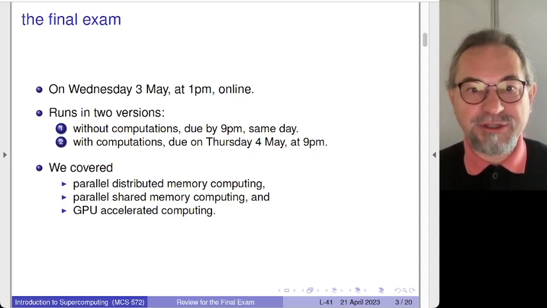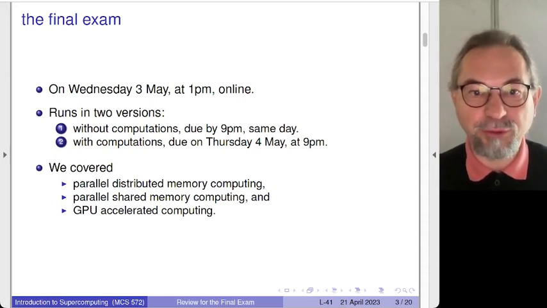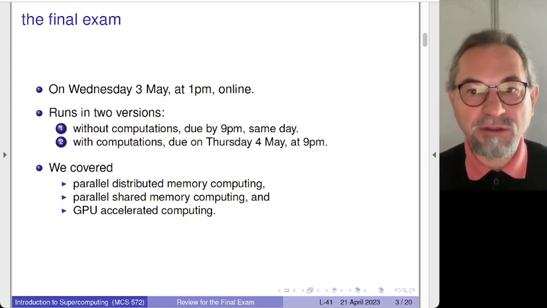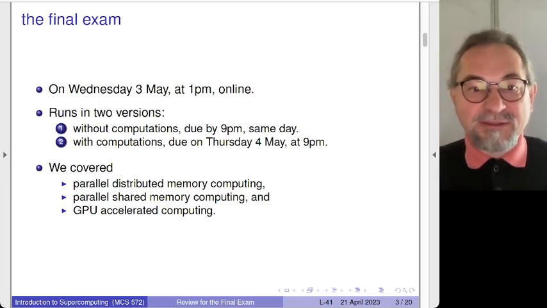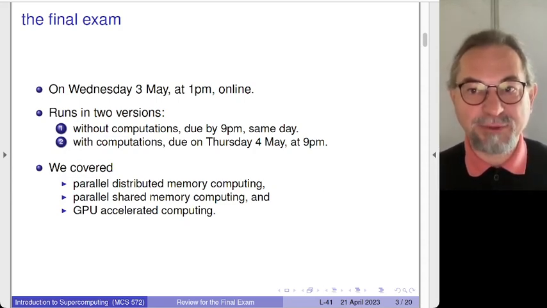So in this course, we covered, in the very broadest sense of the word, 3 major different ways how to do parallel computing. We can do parallel distributed memory computing, shared memory computing, or GPU accelerated computing. In practice, through supercomputing, these 3 aspects happen concurrently, in parallel, all at the same time.